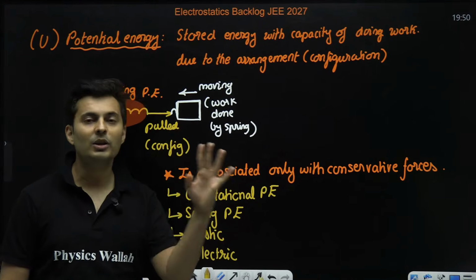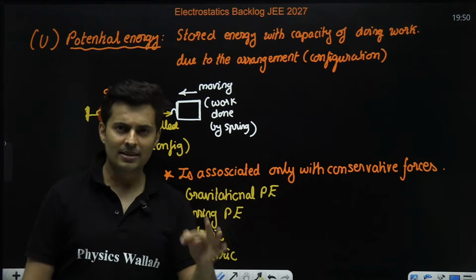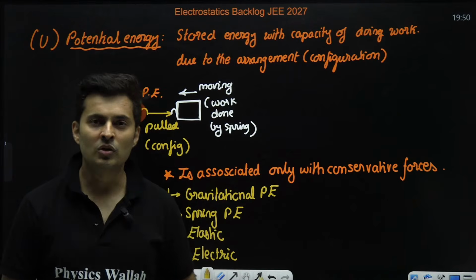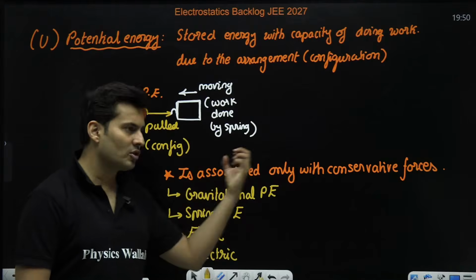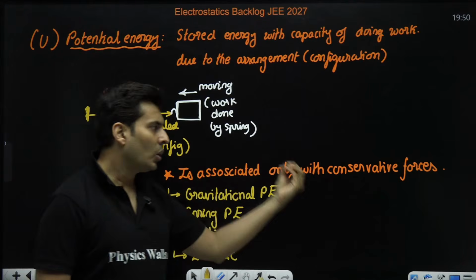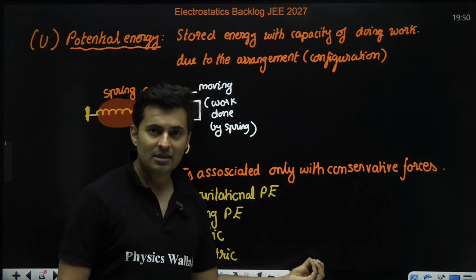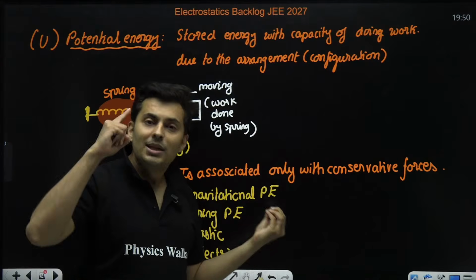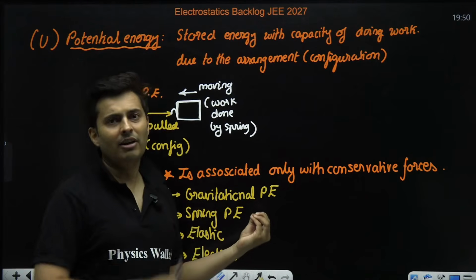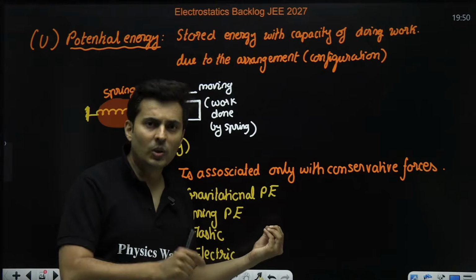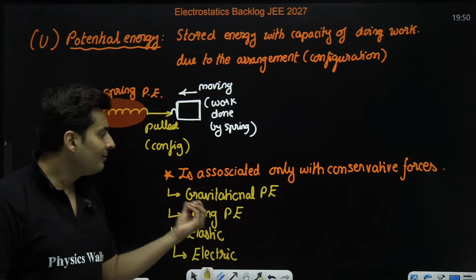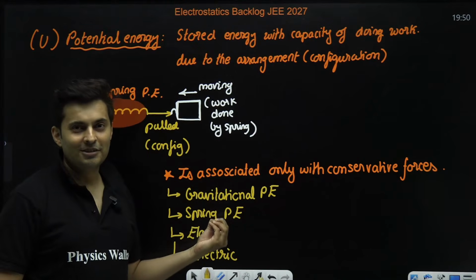Never ever will you hear such words. Is that clear, everyone? So this concept of storing is there only with conservative forces. So that is why only they have that right to associate themselves with potential energy.